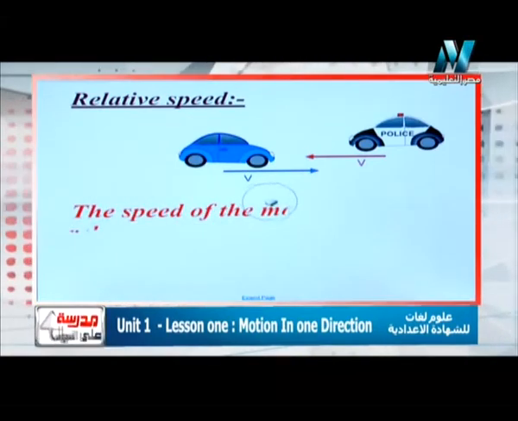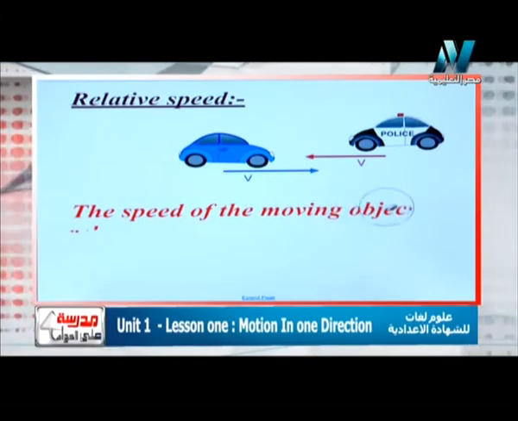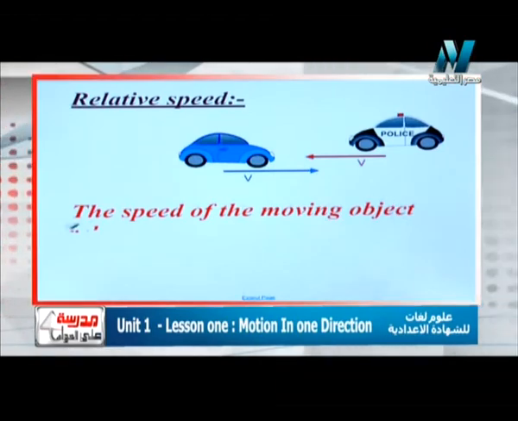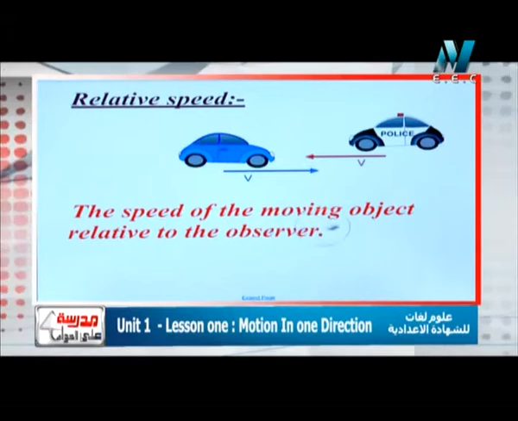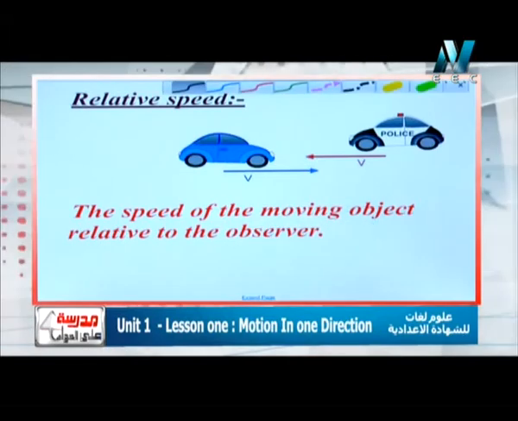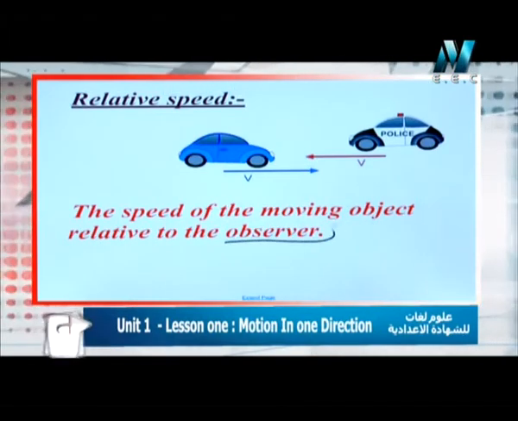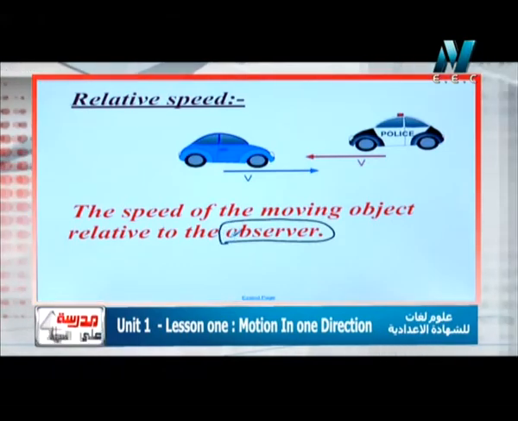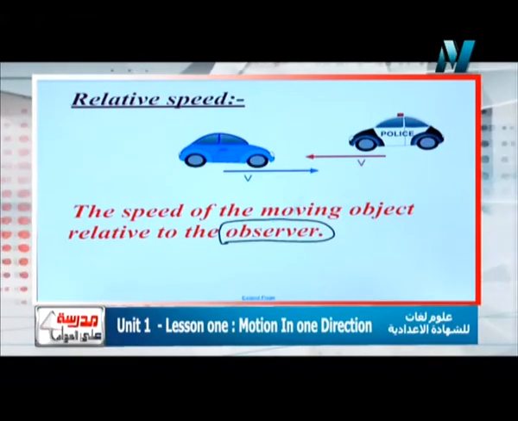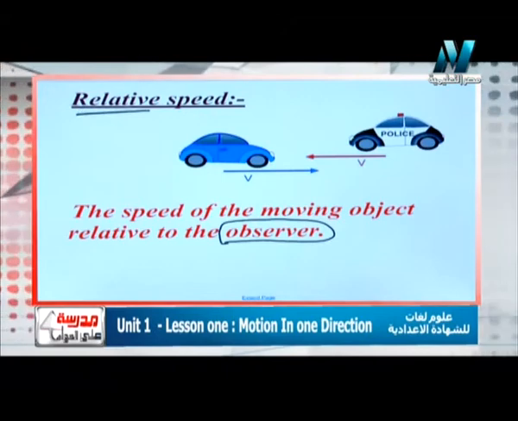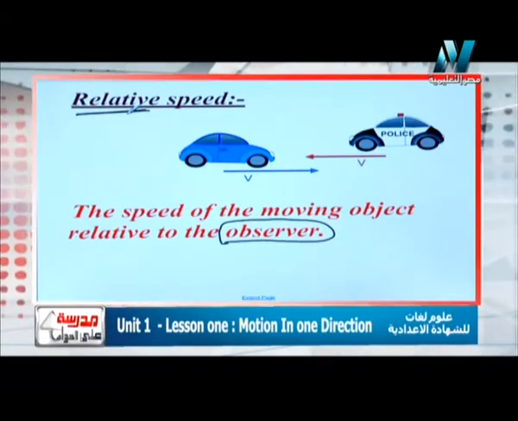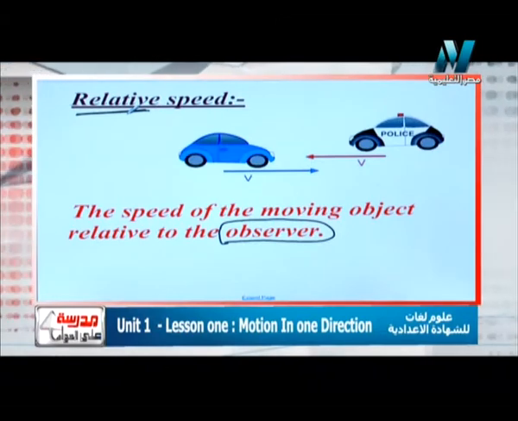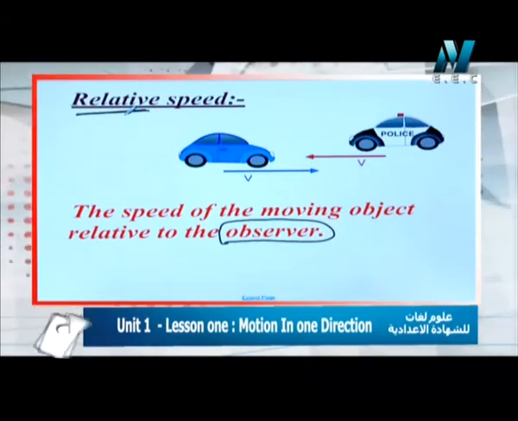The speed of the moving object، سرعة الجسم، relative to the observer اللي هو other object. سرعة جسم بالنسبة للمشاهد، الأوبزرفر أو other object. يبقى relative speed is the speed of the moving object relative to the observer. سرعة جسم بالنسبة لجسم تاني.